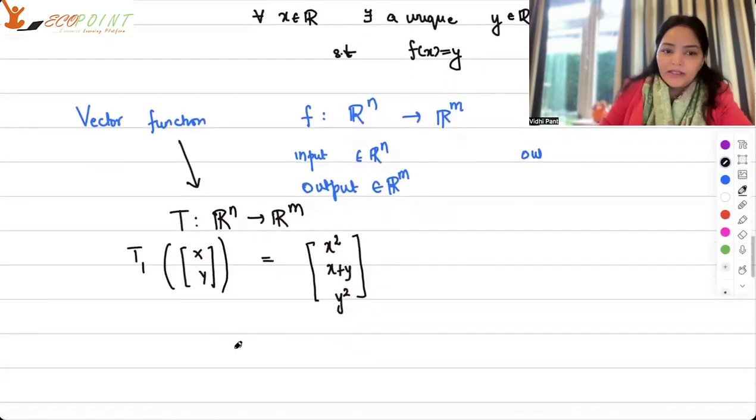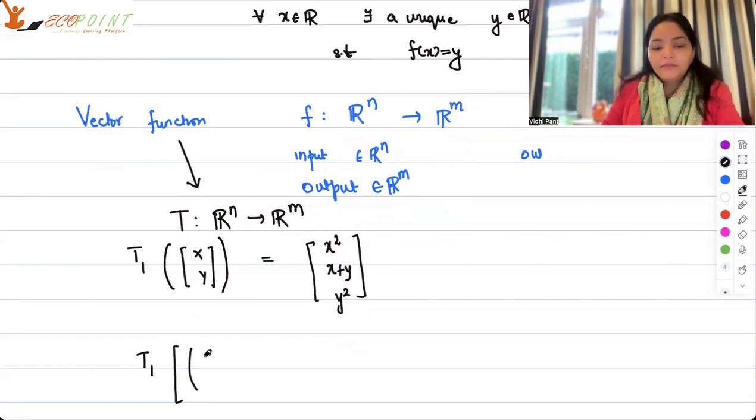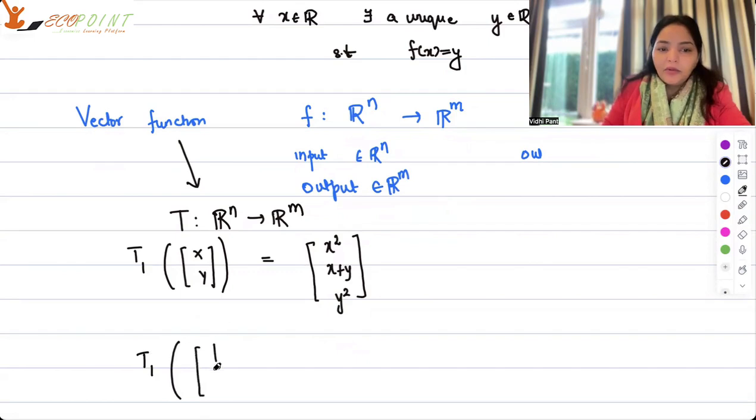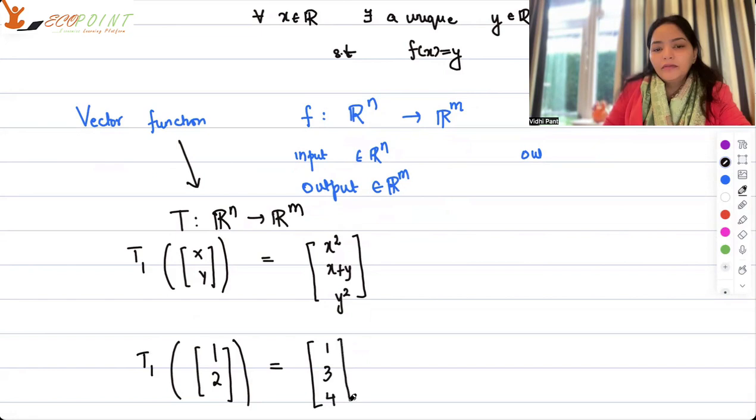For example, if I put in the input (1, 2), what gets generated is the vector (1, 3, 4). So this is a function from R2 to R3: the input is a vector in R2 and the output is a vector in R3.